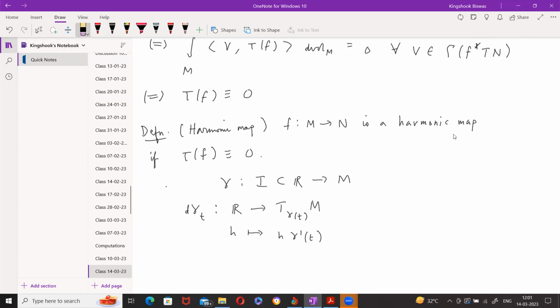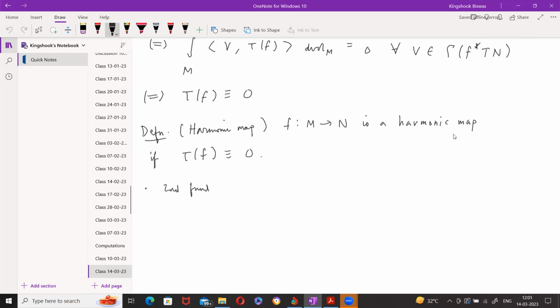Before doing this example, let me do a little computation about the second fundamental form, so that maybe that will make it simpler. We have the second fundamental form nabla df at P. This is a symmetric bilinear map.